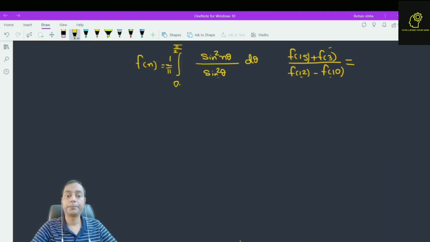Now, what is f of n plus 2 minus 2 times f of n plus 1 plus f of n?